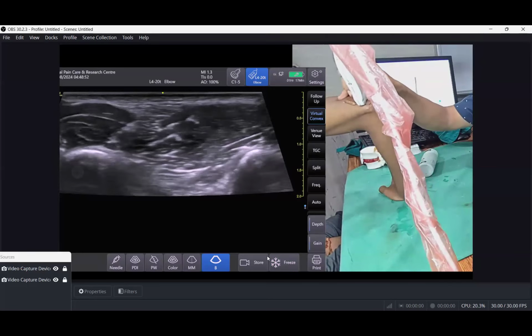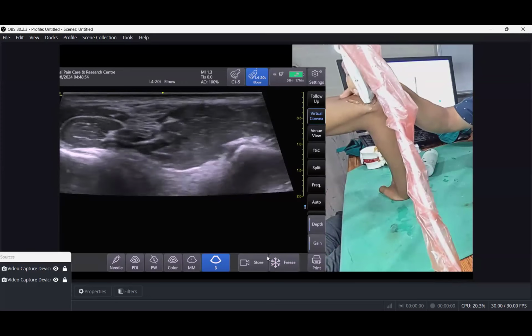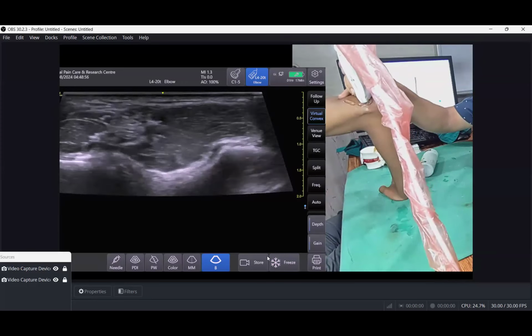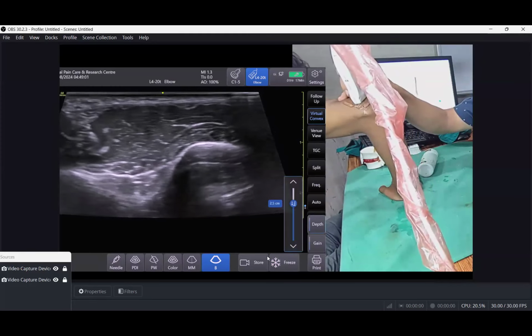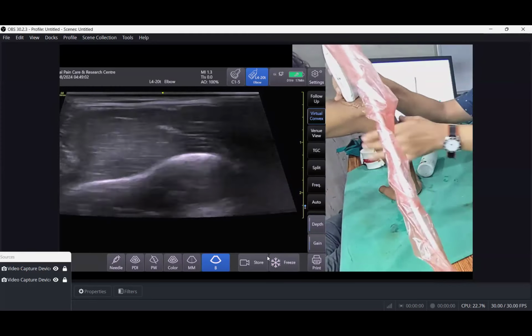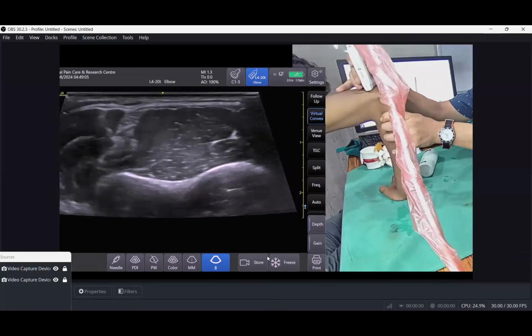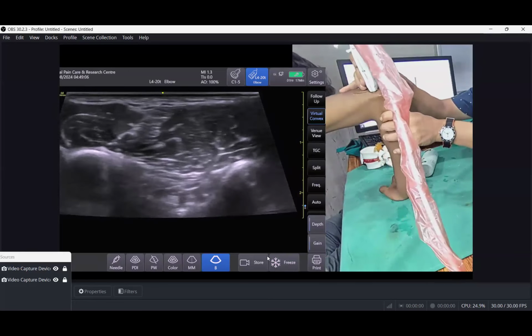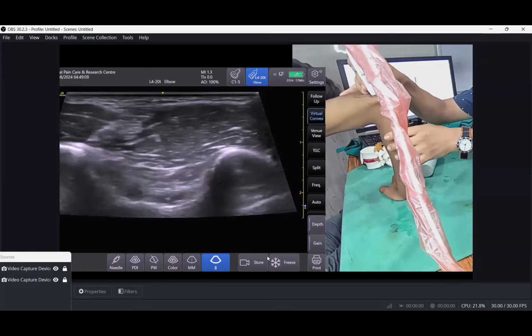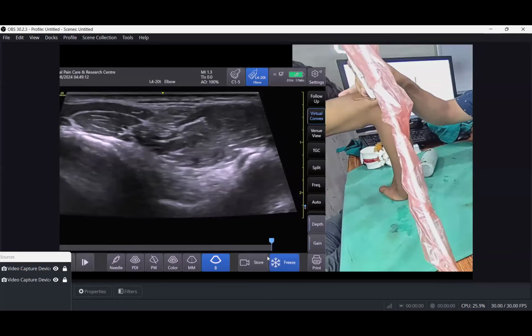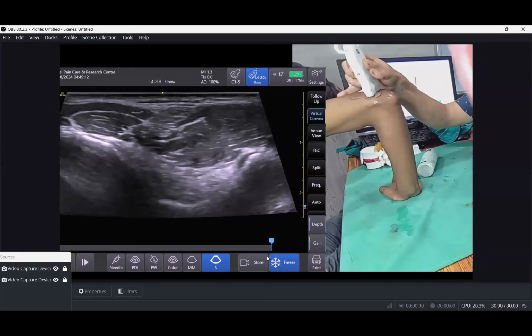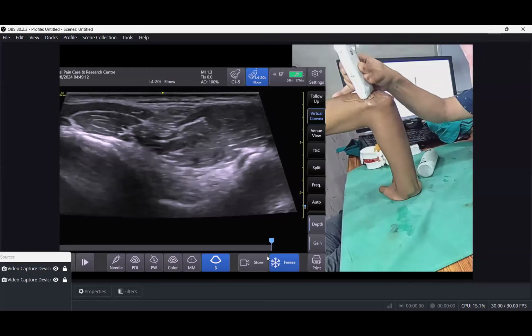If I freeze it over here, I'm putting my probe in a horizontal manner just at the distal end of the humerus, on the posterior side of the elbow.